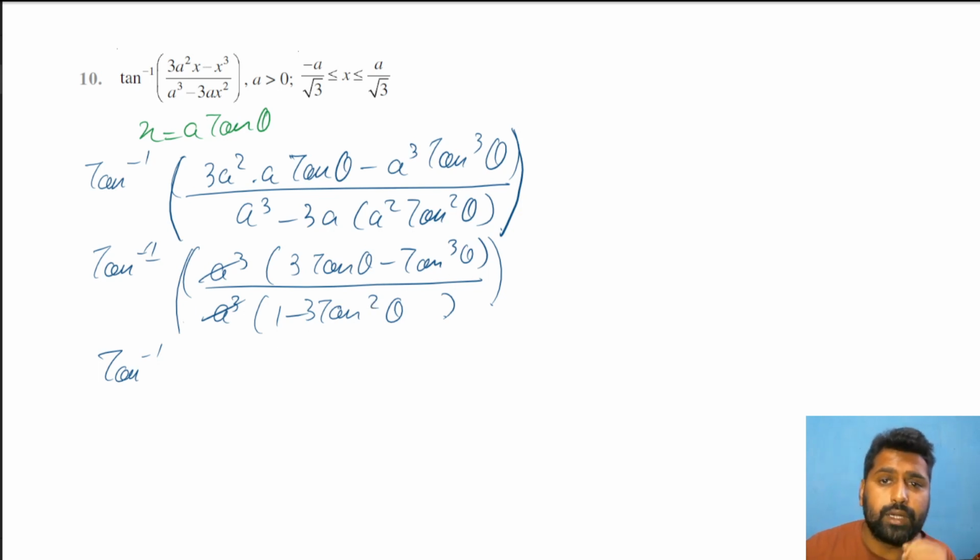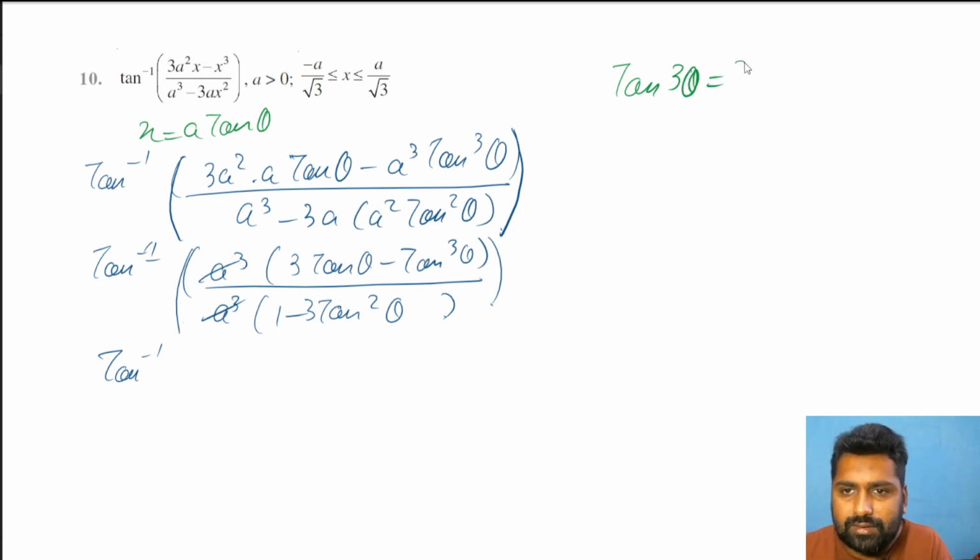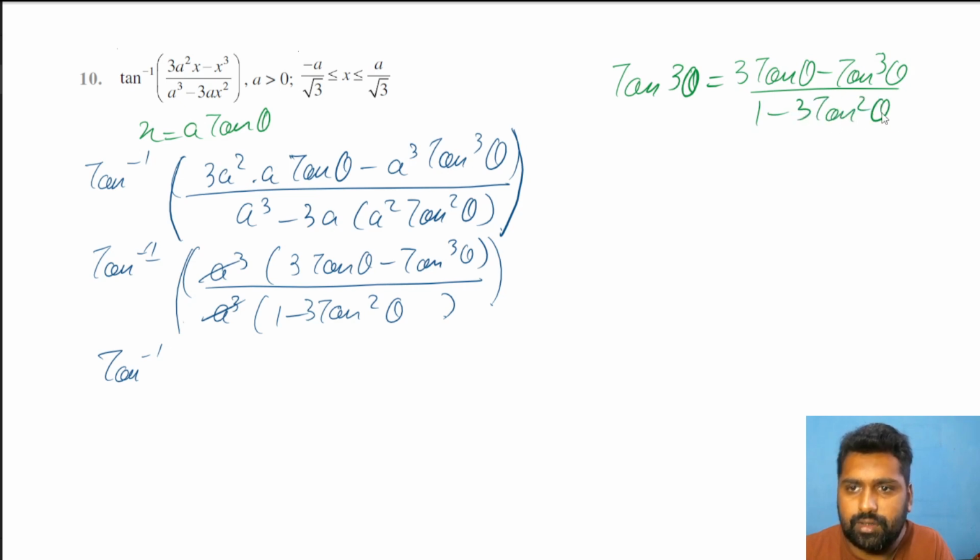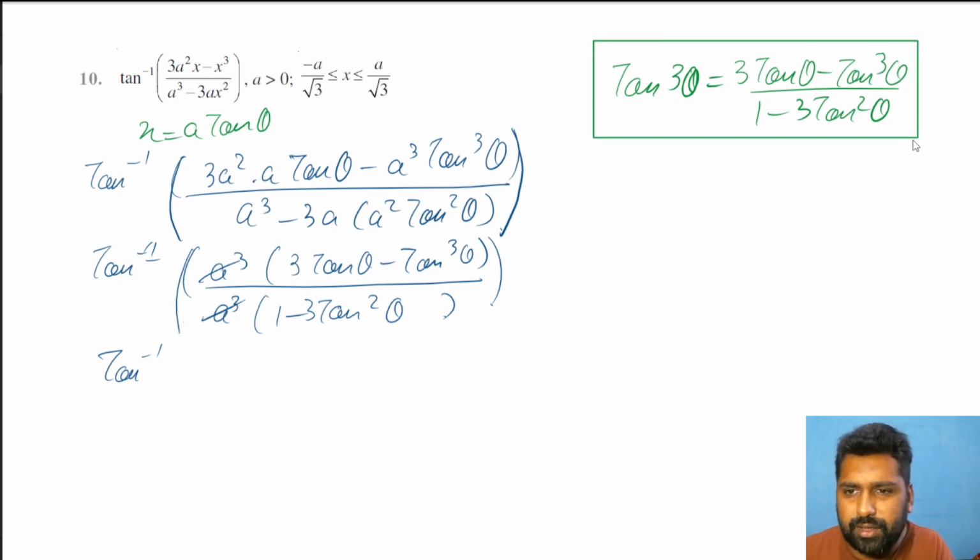This is the property of tan 3 theta. So I told you, this question is unique in itself, because this kind of expression is only one: 3 tan theta minus tan cube theta upon 1 minus 3 tan square theta. You have to know this property. Again, very specific to this property only, no variations, nothing.